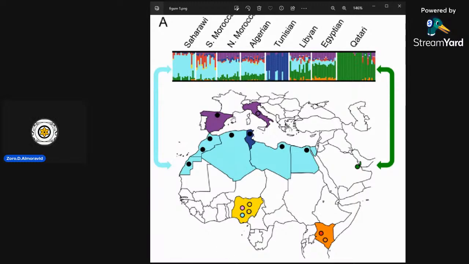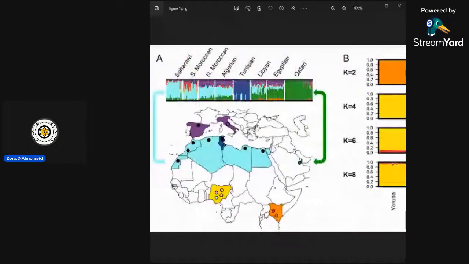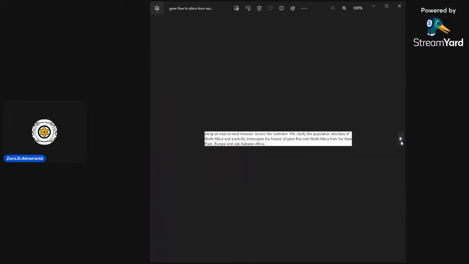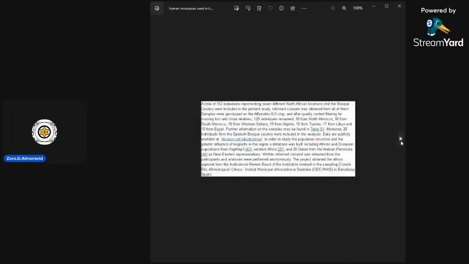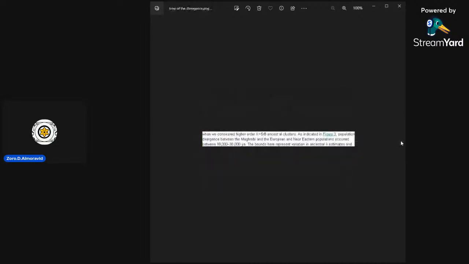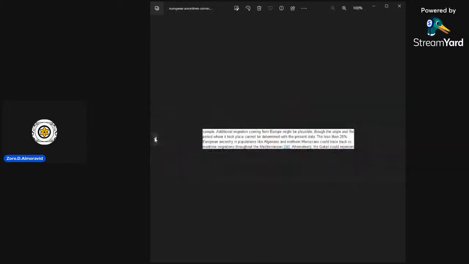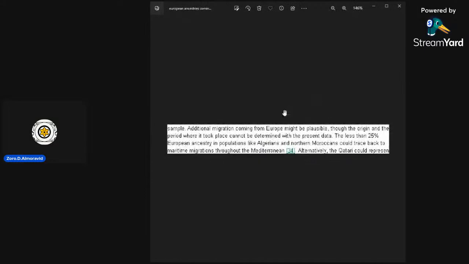Now, when we go to the European ancestry, as this study concluded, additional migrations coming from Europe might be plausible, though the origin and the period where it took place cannot be determined with the present data.